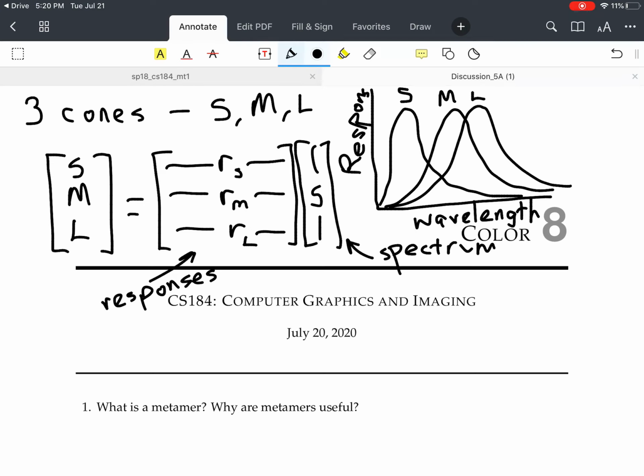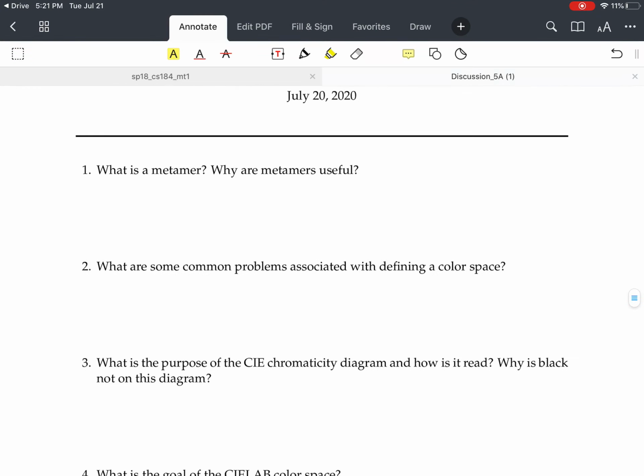For more detail, definitely look through the lecture slides and watch the lecture. There'll be much more detail there that should hopefully make this clear if I sped over it a little bit. Okay, so let's keep going. Let's look at some of these questions and see what we can do.